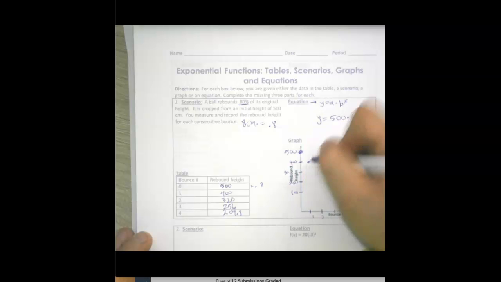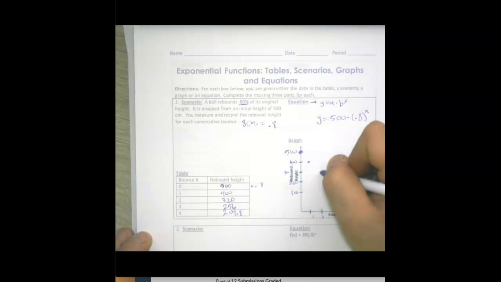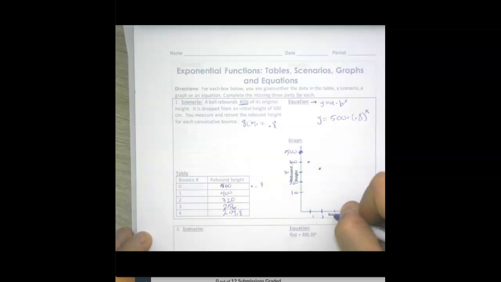So at 0 it's at 500, at the first bounce it goes to 400, the second bounce goes to about 320, a little above 300, the third bounce is at 256. Remember, this graph's not perfect, but I'm just trying to be as close to accurate as possible without graph paper, without taking too much time.